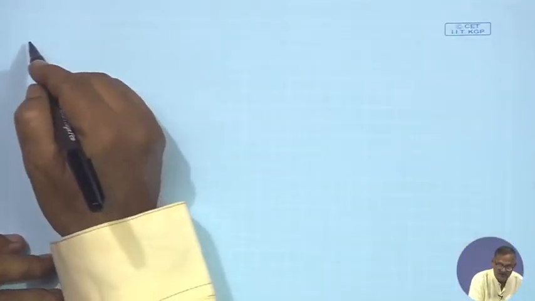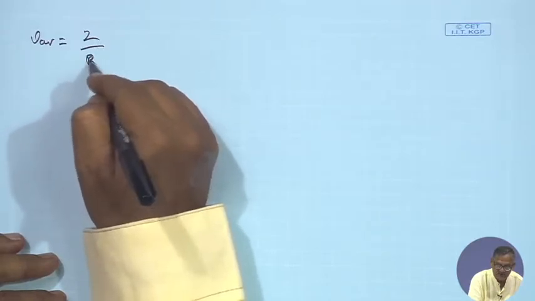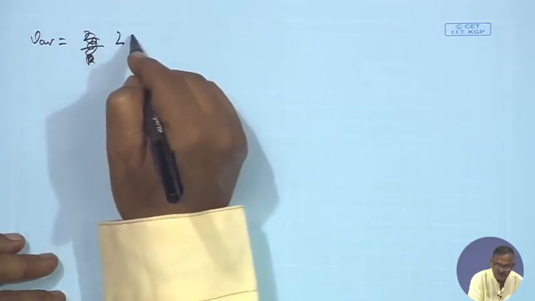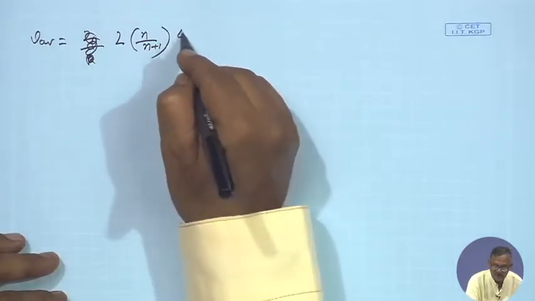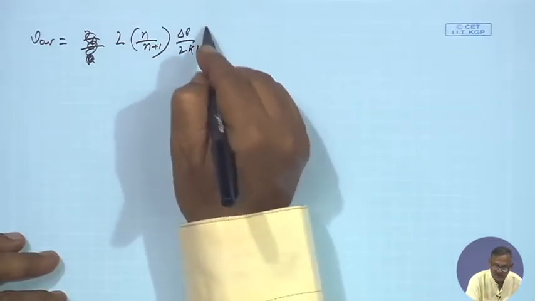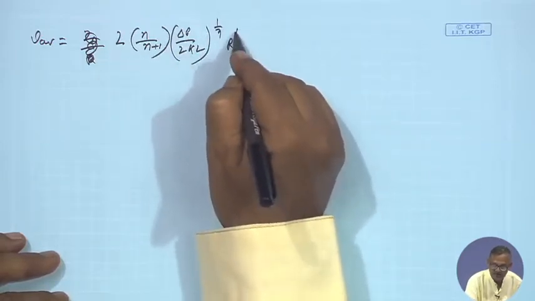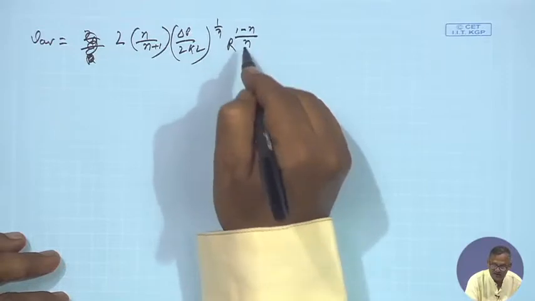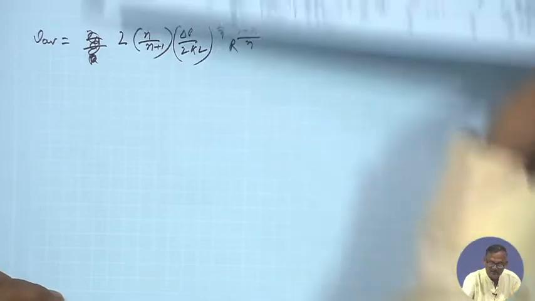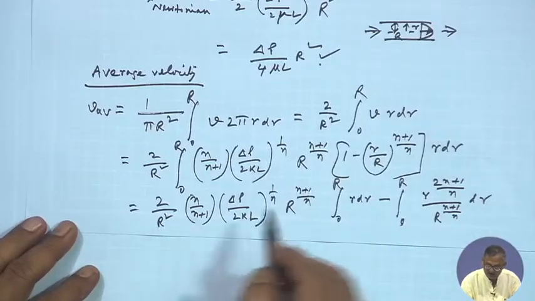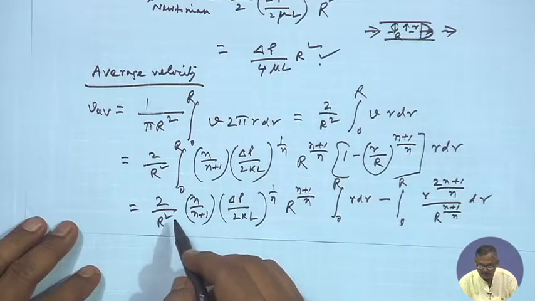So, we can write V average is equal to 2 by r square into n by n plus 1, delta p by 2kL to the power 1 by n, and this r becomes 1 minus n by n, because this r square goes up as r to the power minus 2.